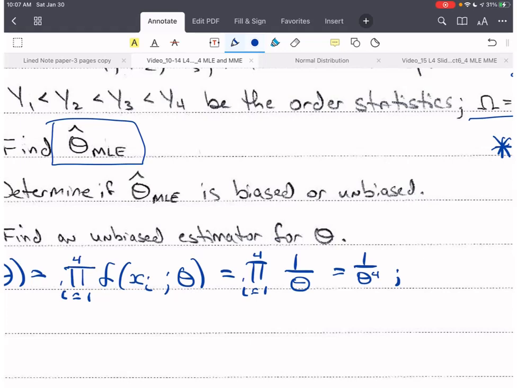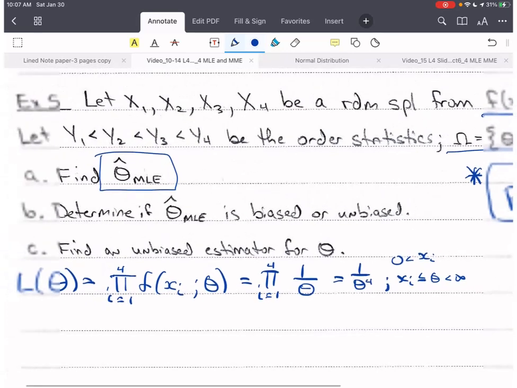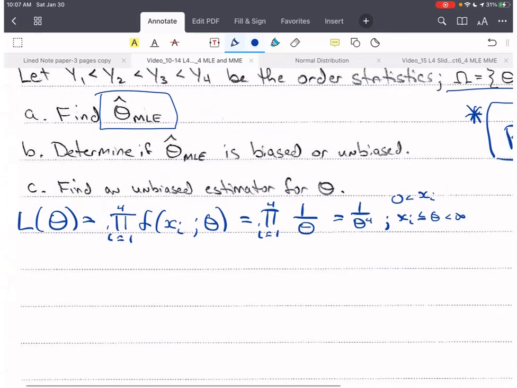And we need to put in there that theta is greater than or equal to x_i and less than infinity. We could also state that x_i is positive, so we don't need that if we've got these, but we could state it to make sure that we have it fully defined here.